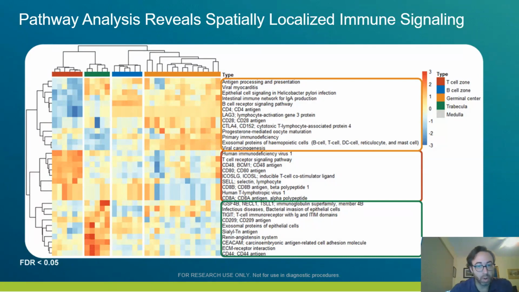I want to emphasize that all of this is entirely agnostic. We did not set up a model to specifically assume that any of these gene sets were enriched. All we did was ask which gene sets are differential between these different structures.